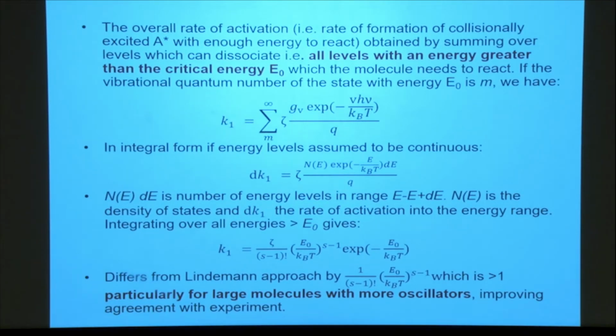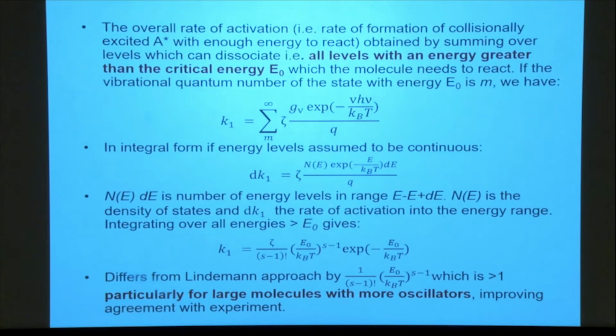Yeah, okay. So basically now, we're summing over all the levels of energy which are greater than a critical energy E0, which is our activation energy. The vibrational quantum number of the state with energy E_m is m, and that gives us an equation here.